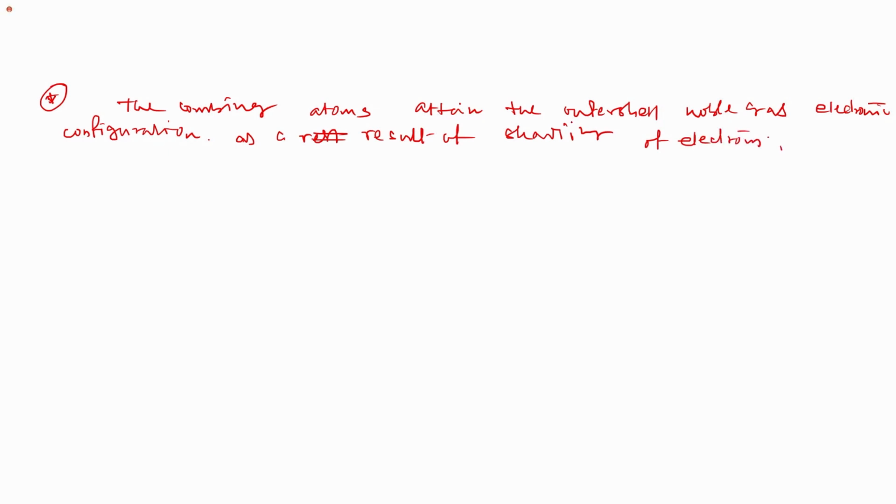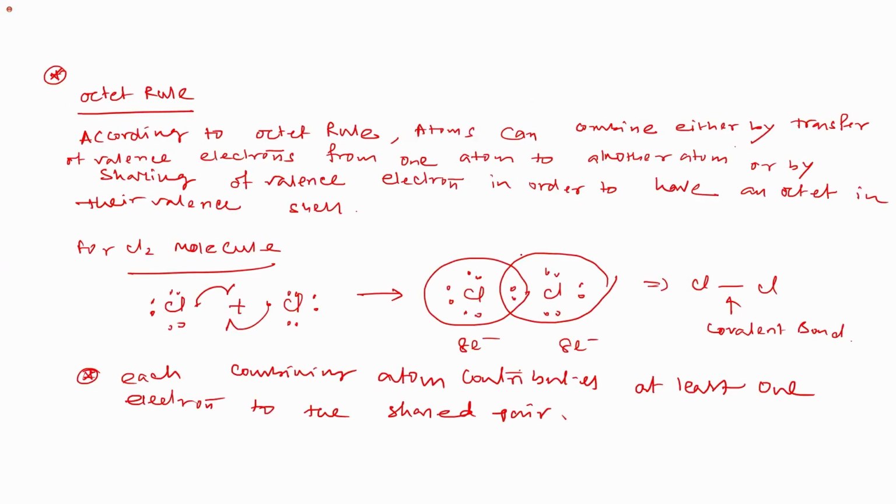So here, if you see in the previous slide, the valence electronic configuration of the Cl atoms in the Cl2 molecule is the noble gas electronic configuration. So it has the octet, 8 electrons in the valence shell, so they are actually following the octet rule, and in this molecule every Cl atom follows the noble gas electronic configuration.